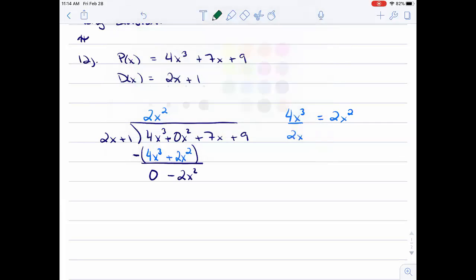So now I'll use a different color, because what we're going to do, right, is the same thing from here. And that's when it might be nice to have these brought down, because now you're taking 2x into the leading term of this guy, right? Kind of ignoring this for a little bit and only working on this. So now we have 2x going into negative 2x squared.